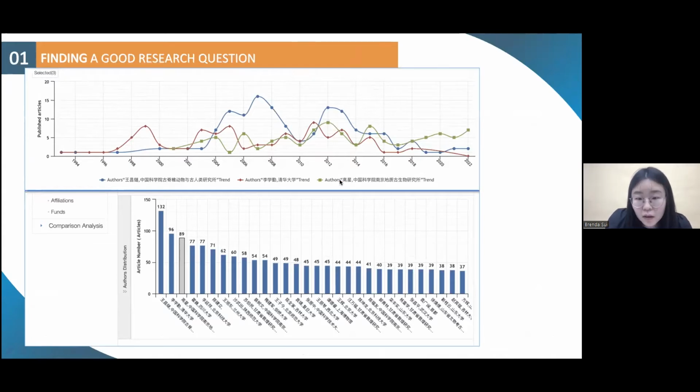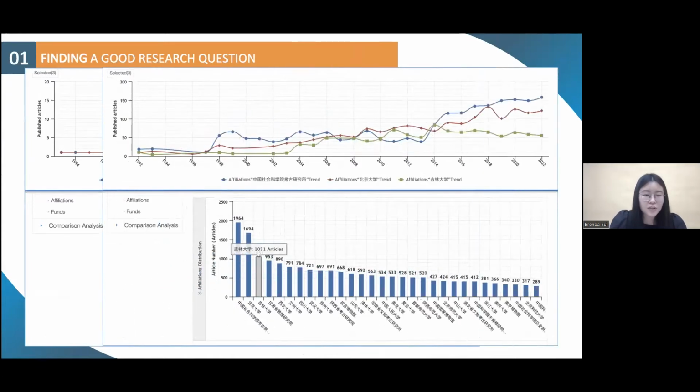For instance, Gao Xing from 中国科学院南京地质古研究所 has been very active in the research field recently. And we can also see which research institutes are mainly involved in research.